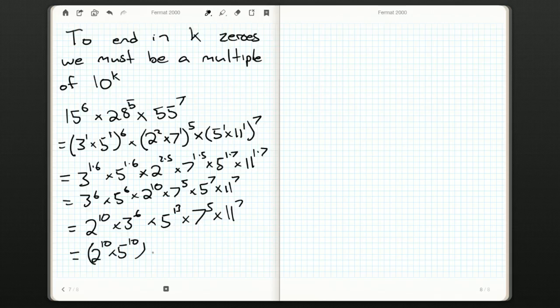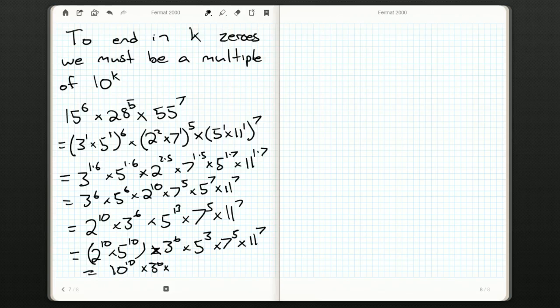So we group together those guys. 3 to the 6 times, what's left over? 10. So we subtract off 10 from 13, we get 3. 7 to the 5, 11 to the 7. And this is 10 copies of 10.